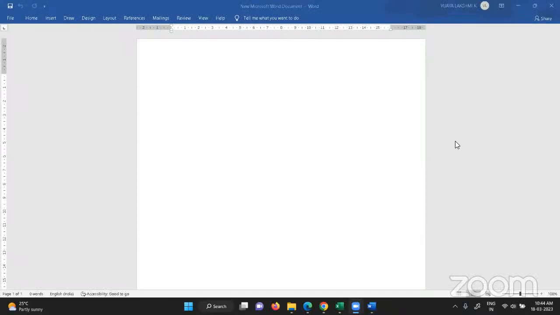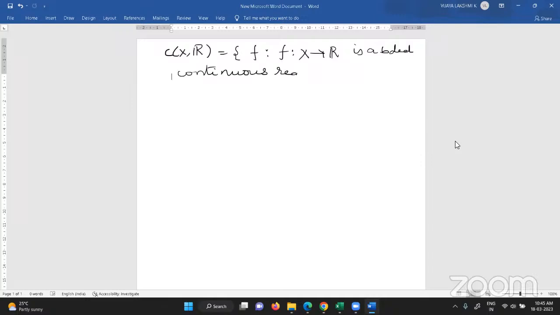See, we define C(X,R) as the set of all f such that f from X to R is a bounded, continuous, real function. Okay.